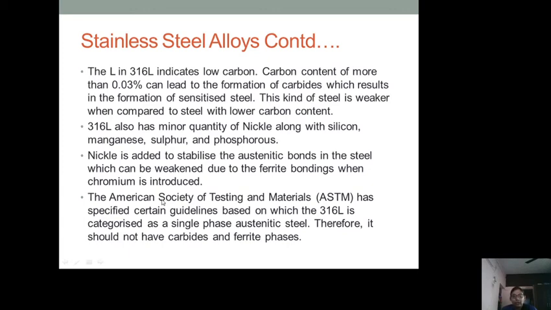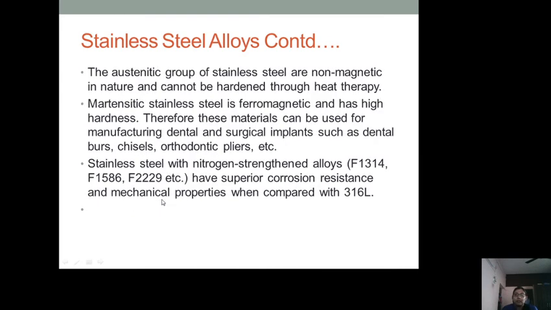Now, ASTM, also called the American Society for Testing and Materials, has specified certain guidelines based on which 316L is categorized as a single-phase austenitic metal. So therefore, it should not have carbide and ferrite phases. If it does have, then that is not good quality steel, and it wouldn't qualify as 316L. You can't sell it as 316L.